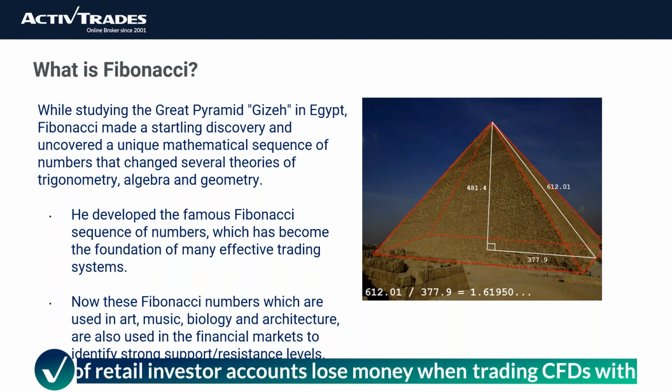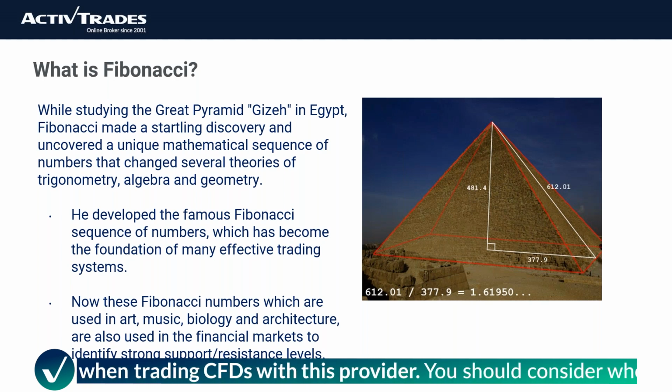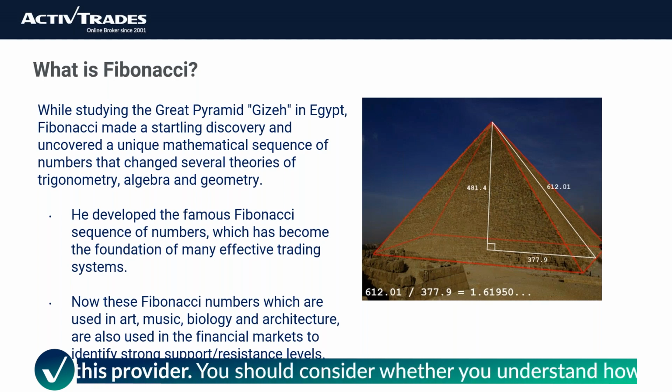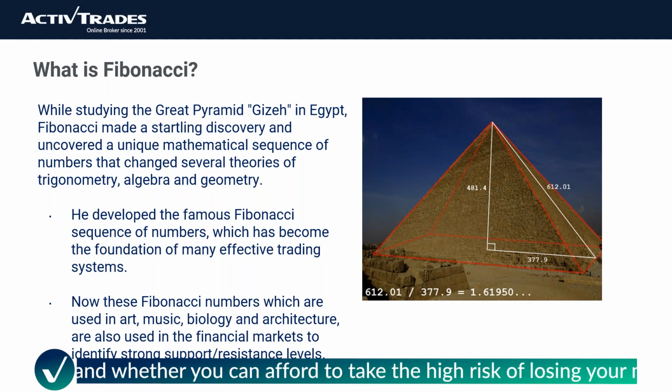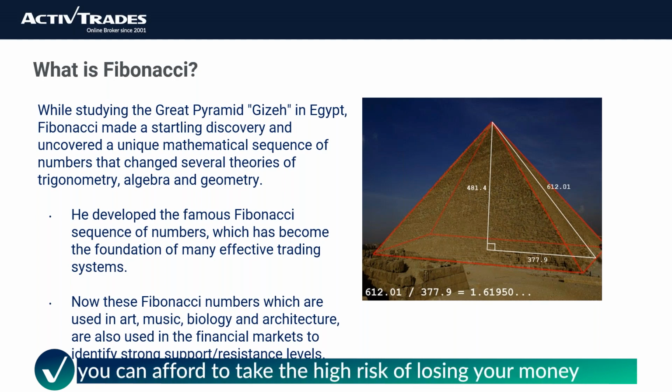It's a distinct possibility you may have learned a version of this in school, but maybe not understood the depth of it, or where it came from, and most importantly, how you could utilize it going forward. And so he developed the famous Fibonacci sequence of numbers, which has become the foundation of many effective trading systems.